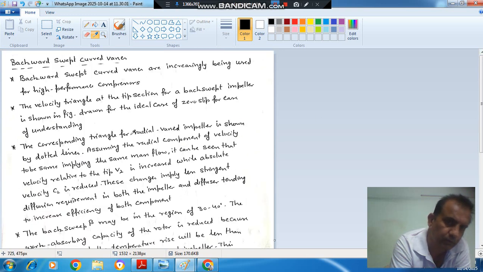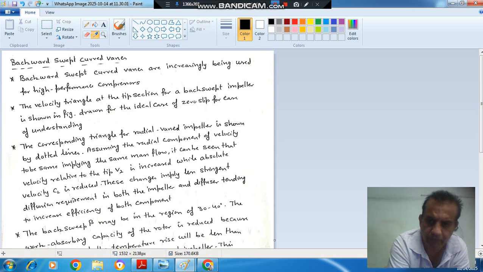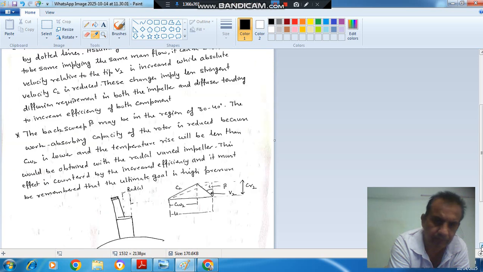The corresponding triangle for a radial vane impeller is shown by dotted line. So if we consider radial vane and zero slip, then this is the triangle.